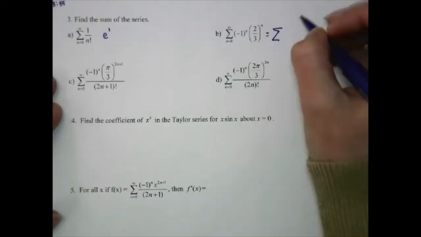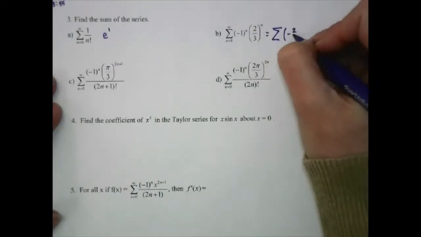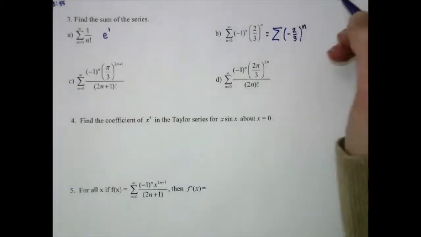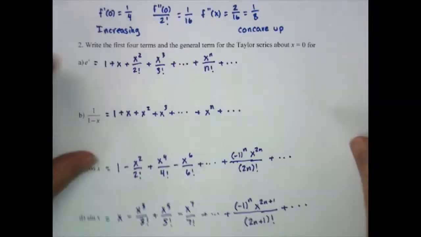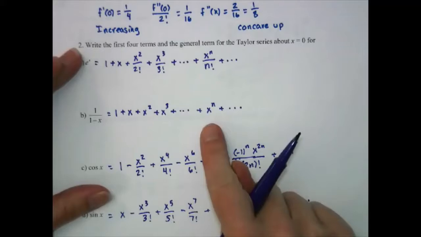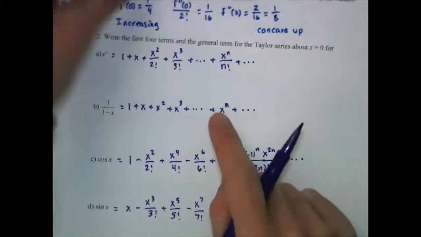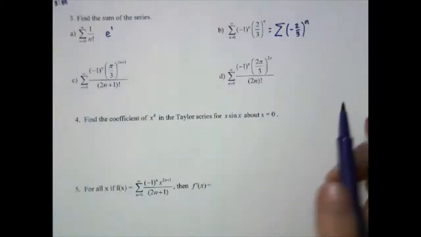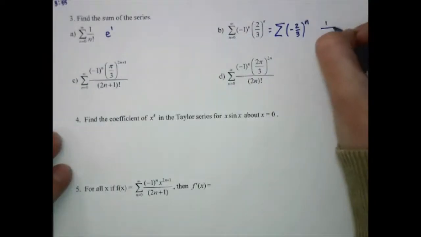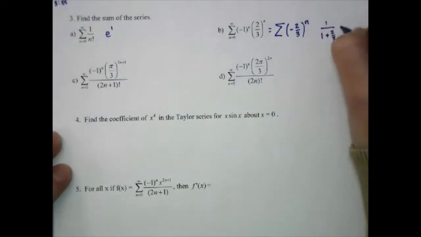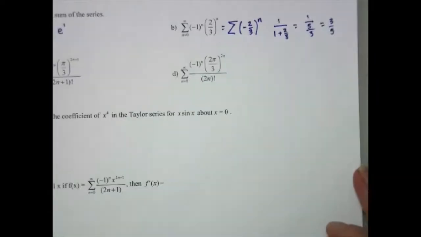Here, this is going to be the same as -2/3 to the n. Well, that is our 1 over 1 minus x, where my x is -2/3. So this is going to be 1 over 1 plus 2/3. So that's 1 over 5/3, which is going to be 3/5.